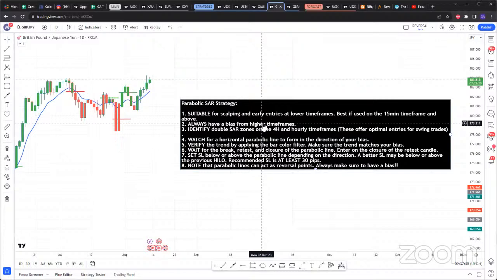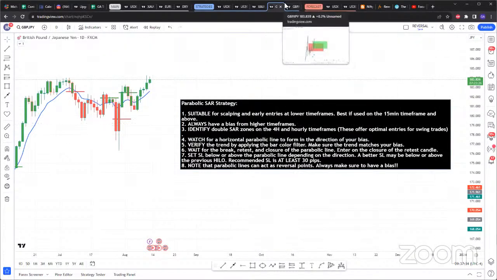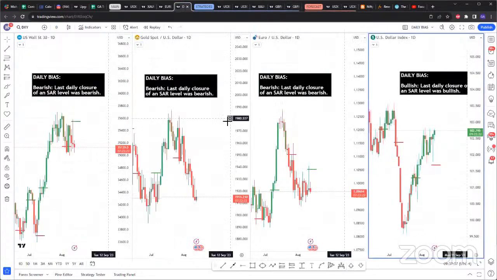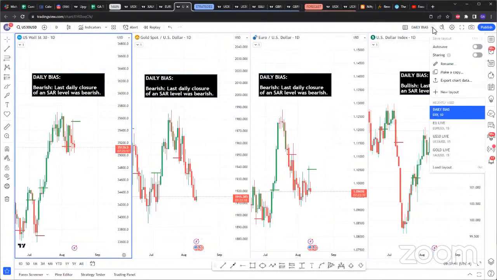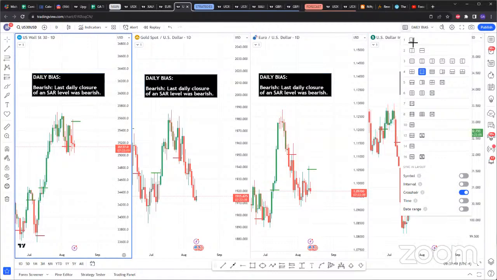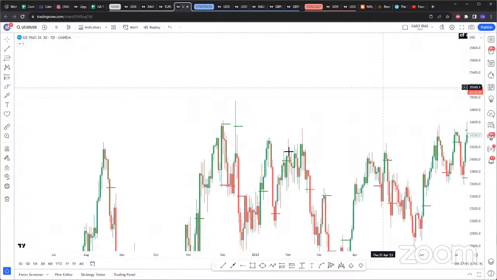For this instance, let's focus on the daily time frame and how we can use the parabolic SAR to get entries on the daily. Let's start with US 30, and this is similar to gold, EU, and the US dollar.